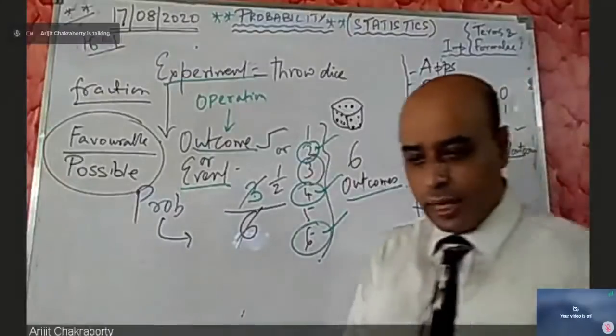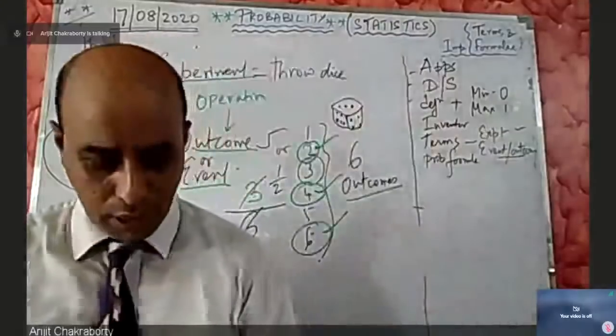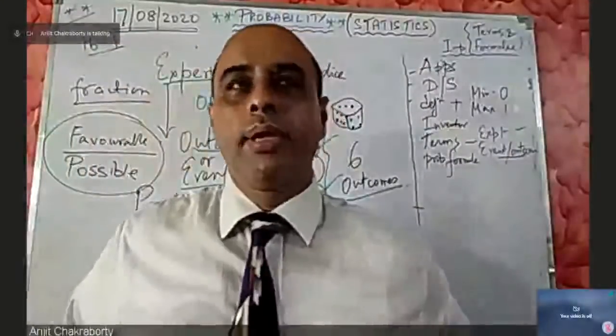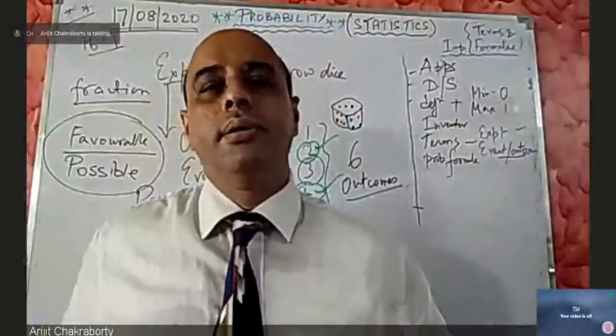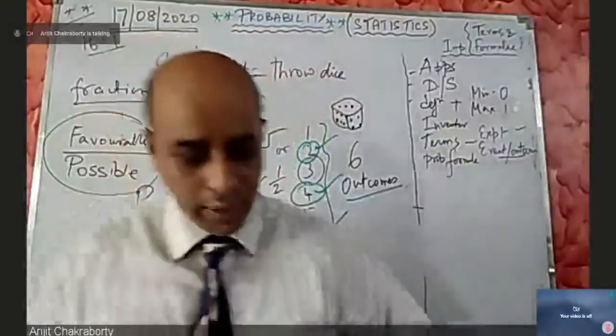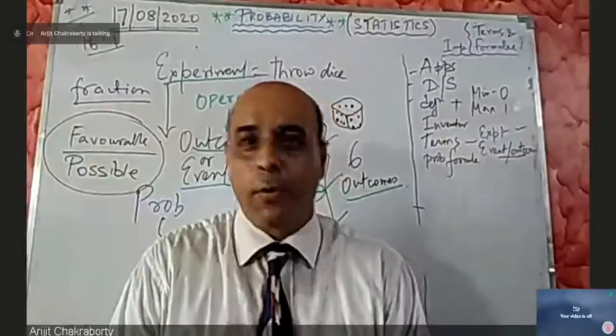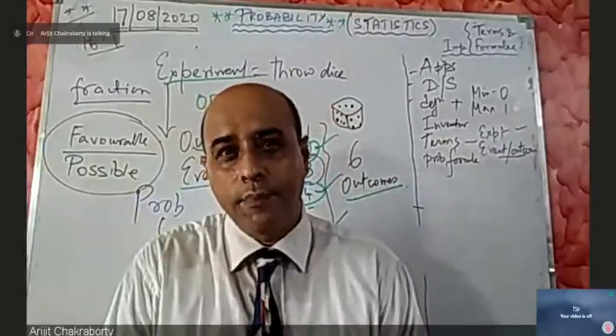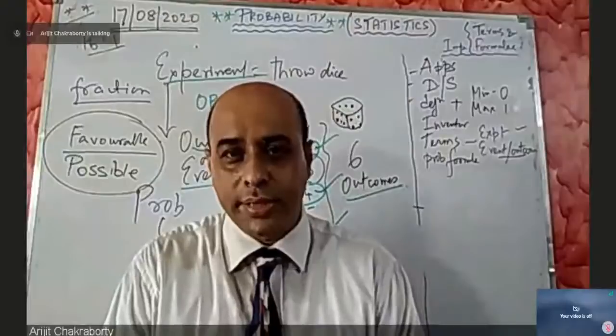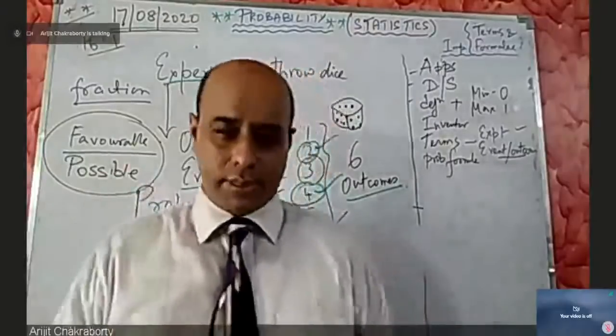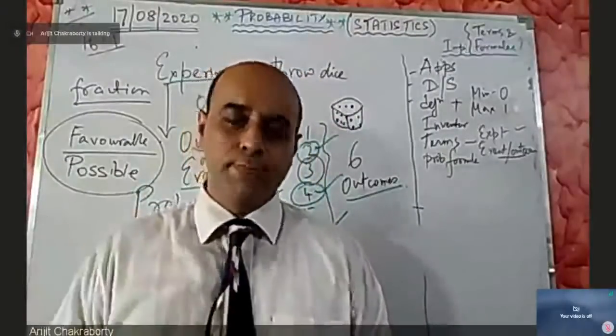Now it's time to move on, and I hope you can understand that probability is the mathematical way to find out the chance that an event will take place, that any random event takes place, any random experiment.